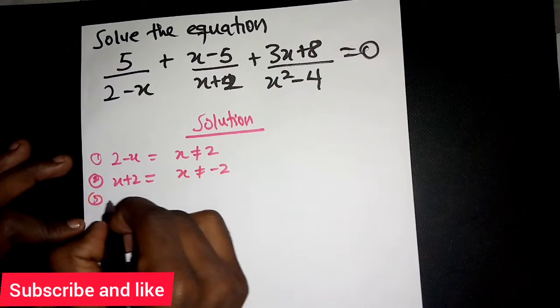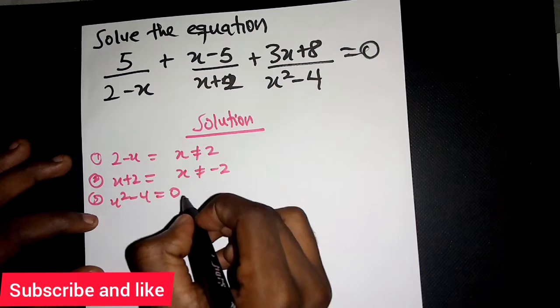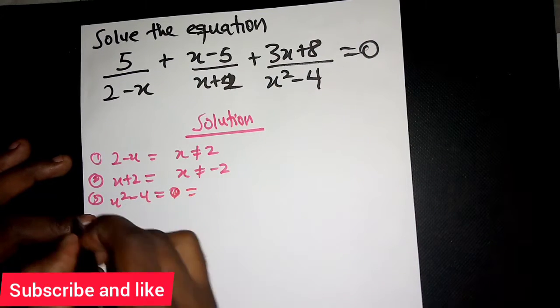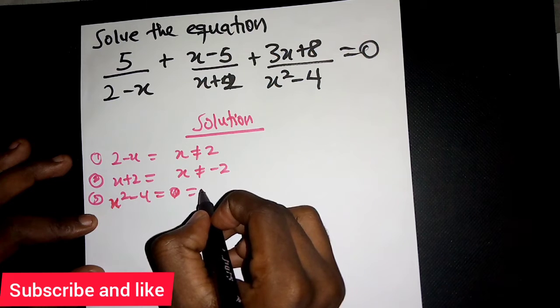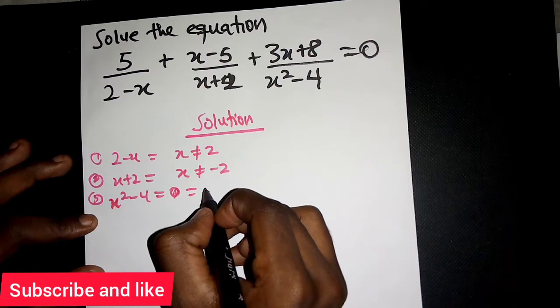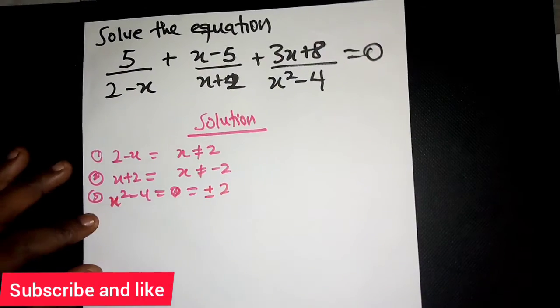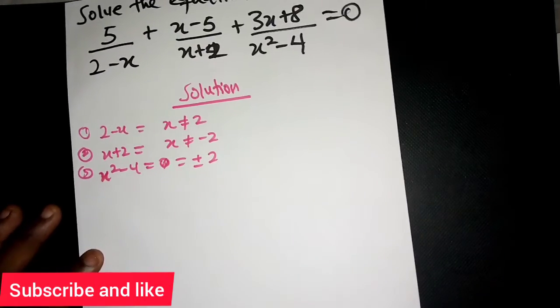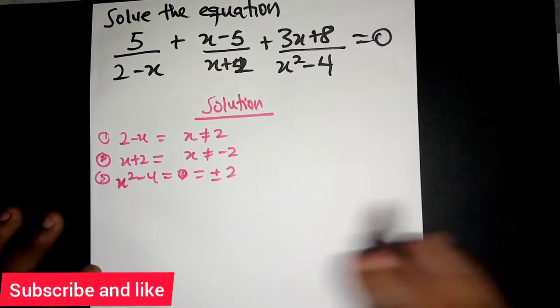Then we have the third one, x squared minus 4. For this to be defined, x shouldn't be negative or positive 2, right? So x shouldn't be those values.